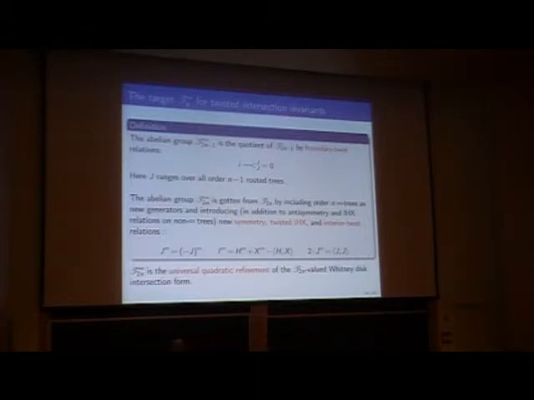So maybe I should draw a picture. Here's the IHX relation. Let's say this guy is labeled by the twist. So this is some tree, this goes off to some tree, this goes off to some tree.